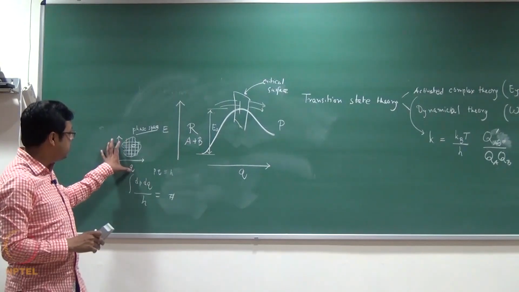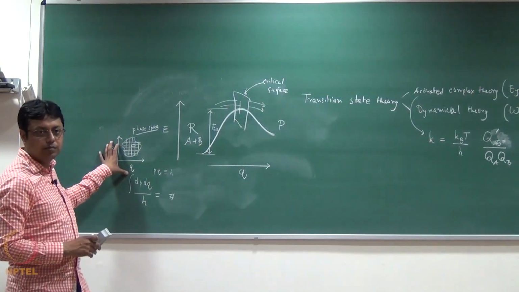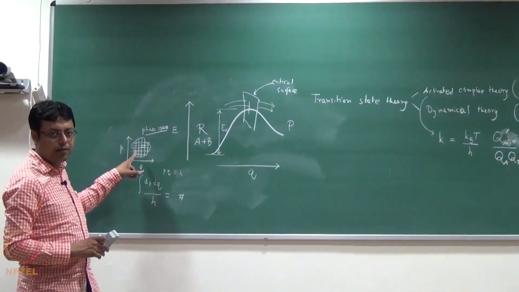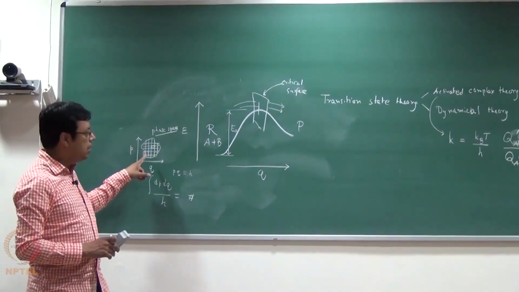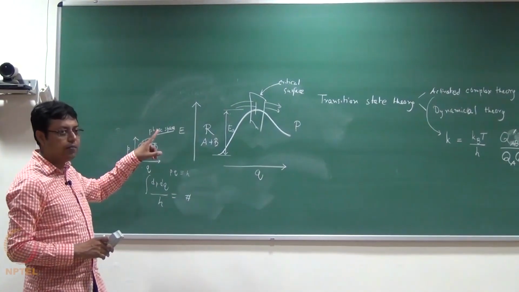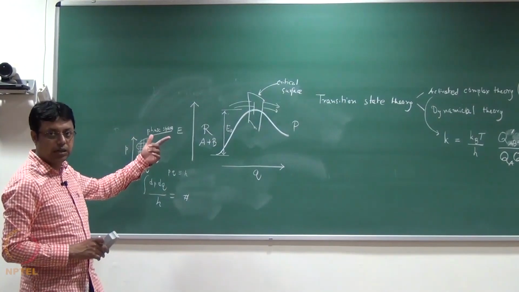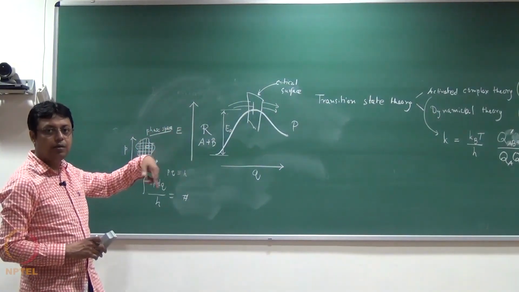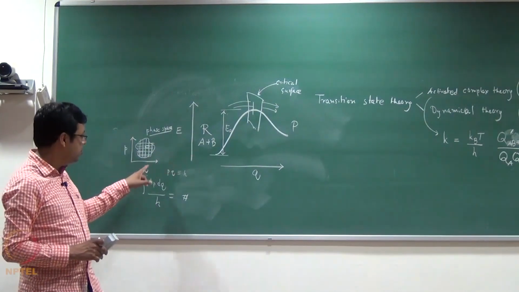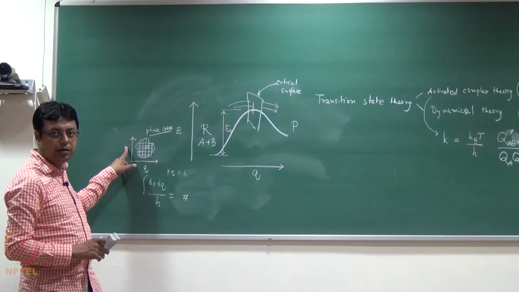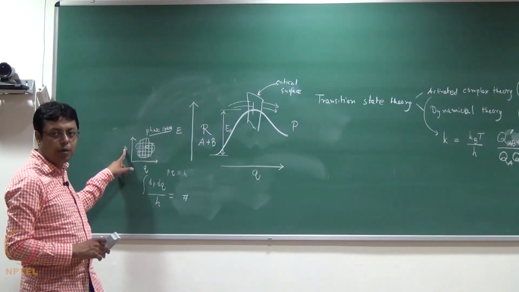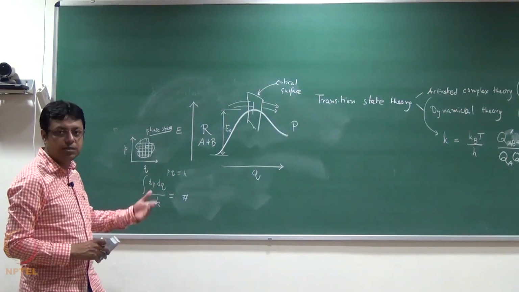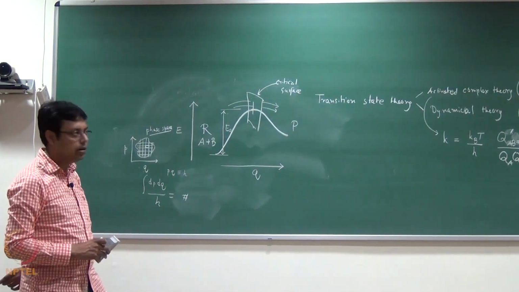Now this is for a one-dimensional problem. For one dimension, you have a single PQ phase space. But if I extend it to a system which has n atoms, I'll have 3n positions and 3n momentums, so it will be a 6n-dimensional problem. Clear?